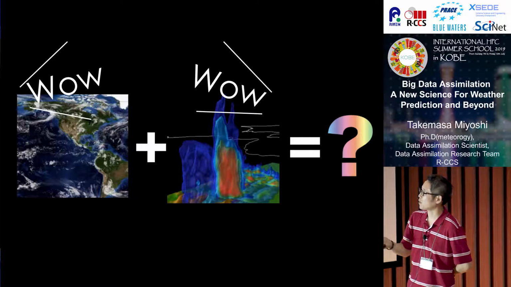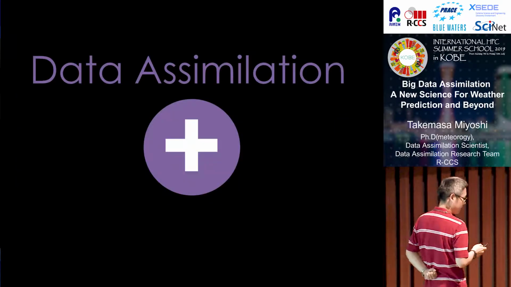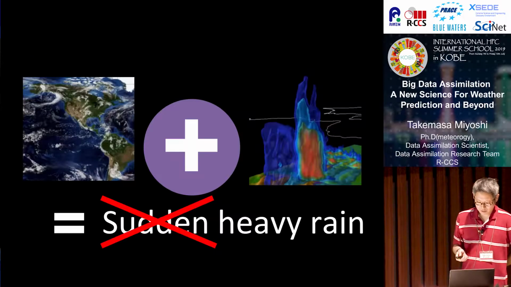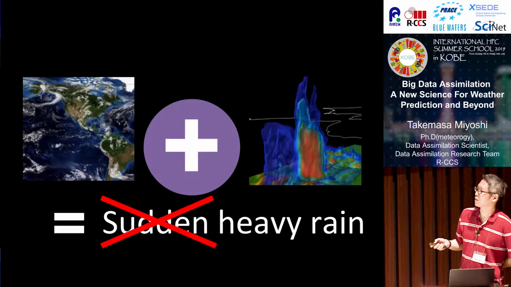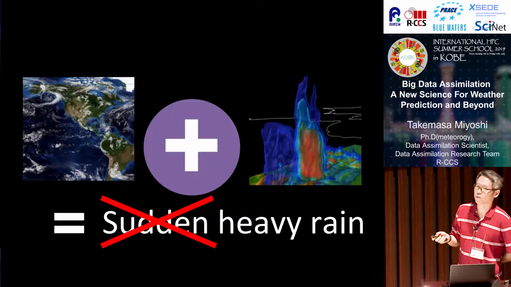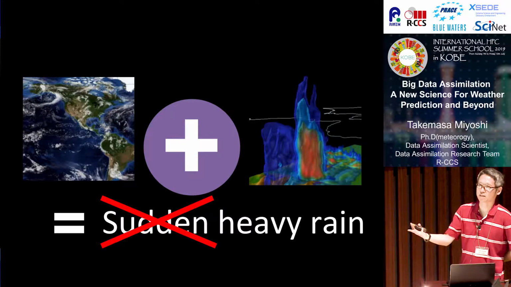So we would like to combine these two. That's the idea. So data assimilation is all about this plus sign. And what we thought is that we can synchronize the state observed like this and create this exact state in the model. Then we can predict.